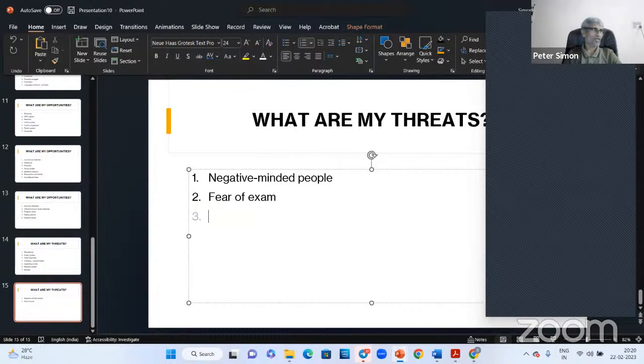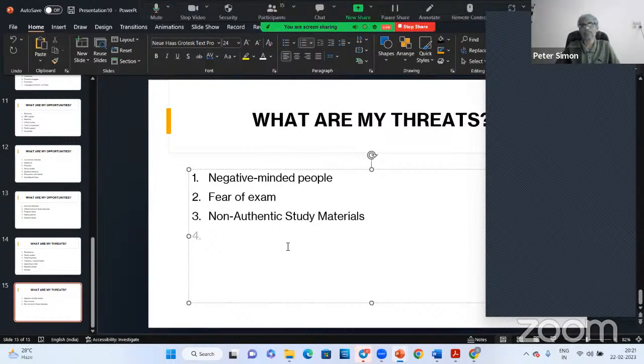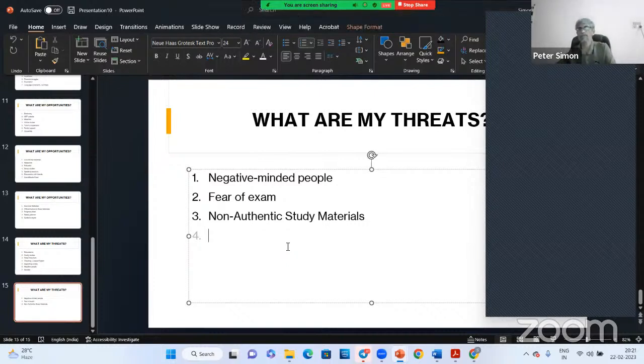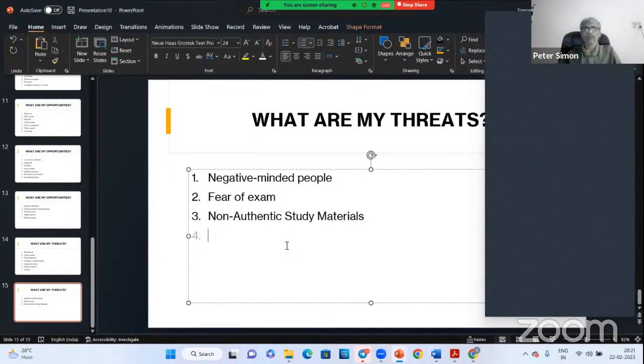So then the next one is the most dangerous thing: non-authentic study materials. Study materials which are prepared by ordinary people. For example, Simon Sir creates a material and puts it there.